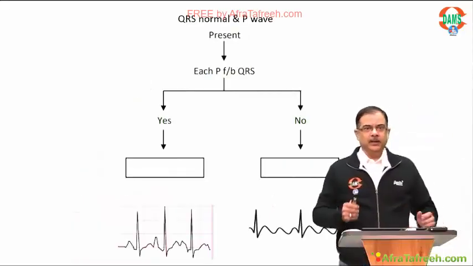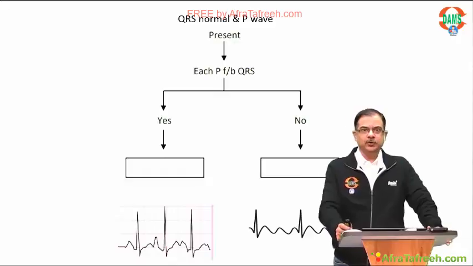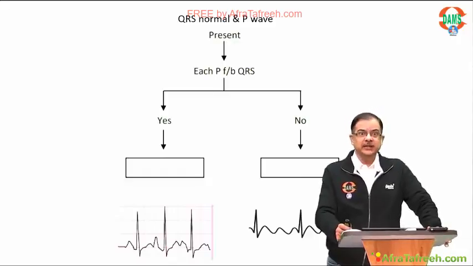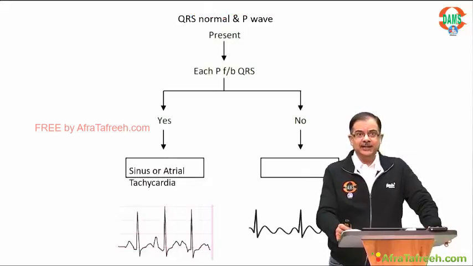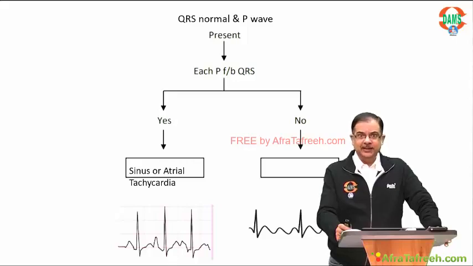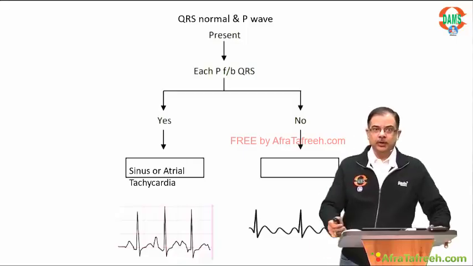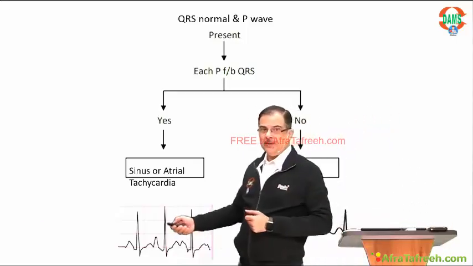While if QRS complex is normal and P wave is seen in the ECG, identify: is each P followed by QRS? If your answer is yes, each P is followed by QRS, this can be either a sinus tachycardia or atrial tachycardia. So here in this example, look at the P wave.